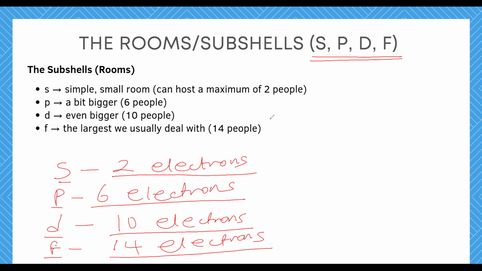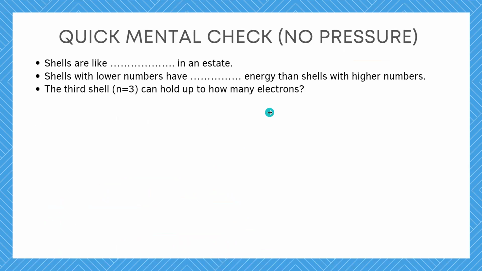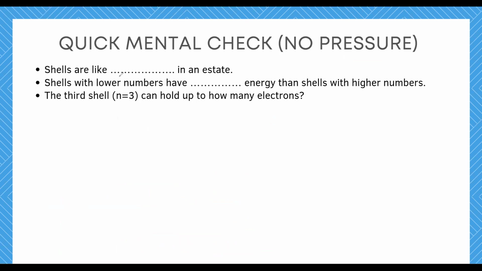Does anybody else have another question? No, sir. Okay, so we have seen the 4 types of subshells that we have. So now let's see some questions that I want you to answer. Quick mental check, no pressure. I want to see if you've been following this class thus far. Now, the shells in an atom are like the dash in an estate.